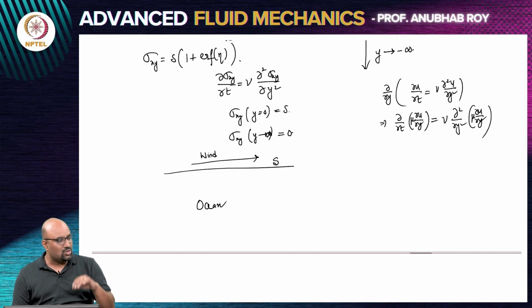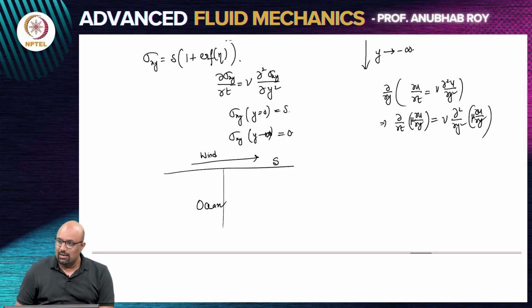So, instead of solving for the atmosphere and the ocean, you can say, let me just solve for the ocean with a wind stress that is applied at the ocean-air boundary. That ocean's flow is going to be generated due to this shear stress, and you can solve this.